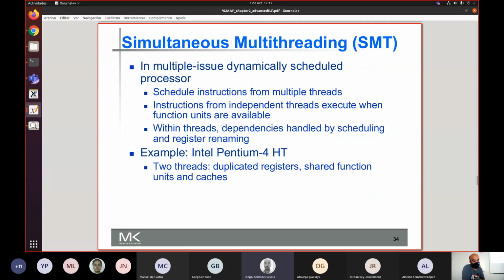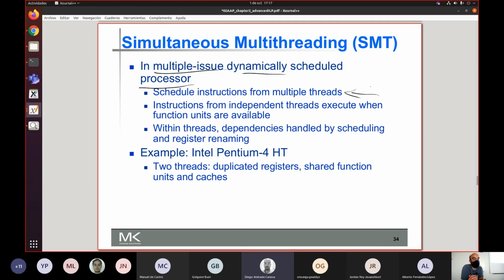This is the relationship with the previous idea of having multiple-issue dynamically scheduled processors together with several threads being executed at the same time. The idea is that when you have several threads, the candidates to be issued at the same time don't have to be just instructions of a single thread.